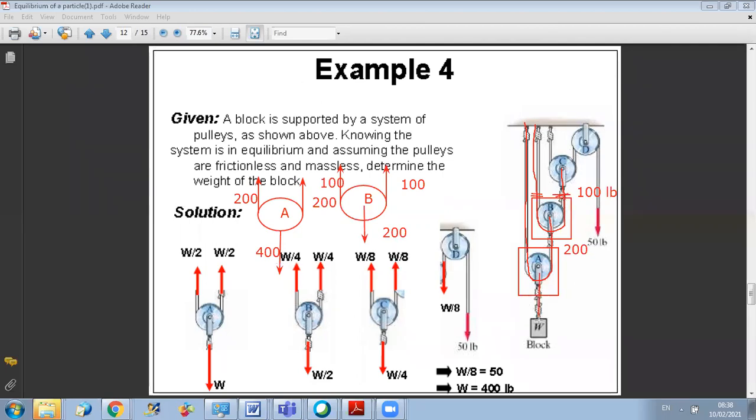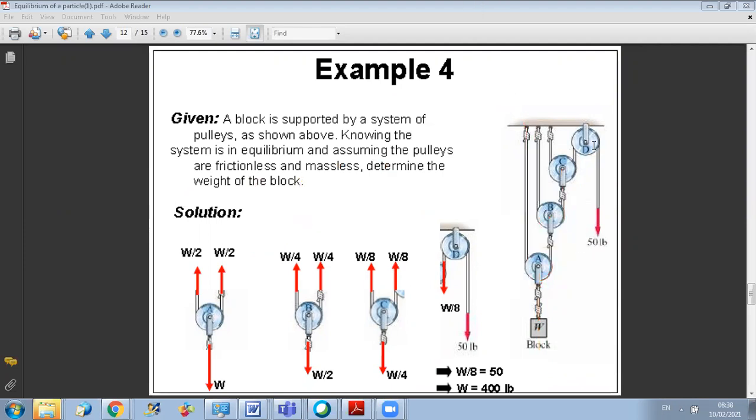And since this cable is attached to the block, if I draw the free body diagram of the block, I can deduce that the weight of the block should be equal to the tension in this cable. So the weight will be equal to 400 lb. And we got their same result. Now I will tell you what was their procedure.